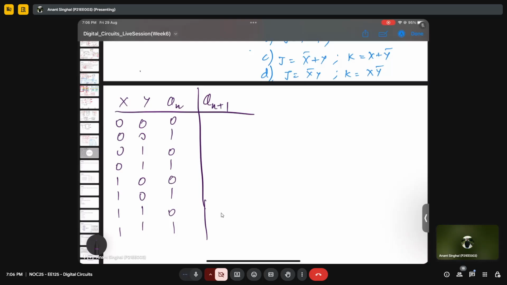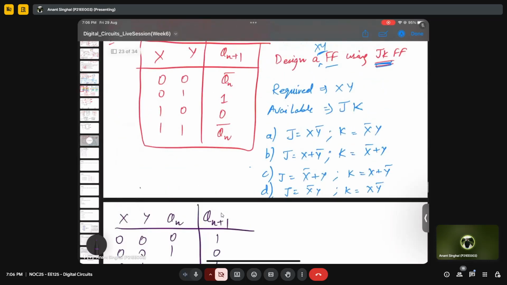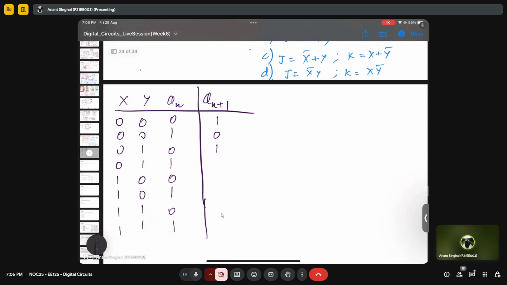There are 8 Qn plus 1 values. 1010, 1010 again, Q and complement. When X and Y are 0 1, I can see it's 1. So it should be 1011, I think. No, I just made the complement of Q and so I'm wrong. Here it will be 00 because 10 is like that, and 11 is a complement, so it will be 10 again.